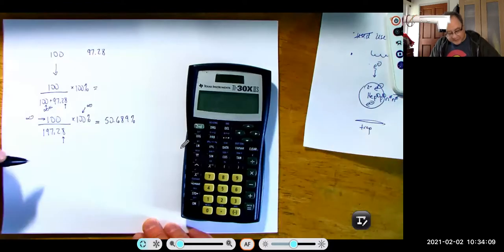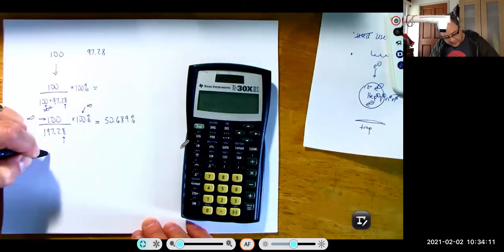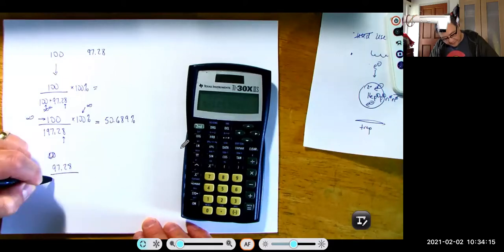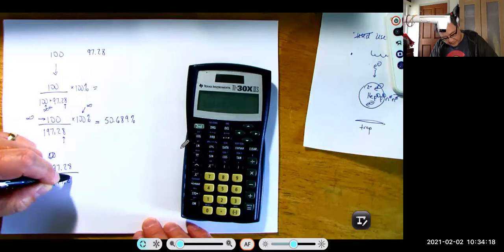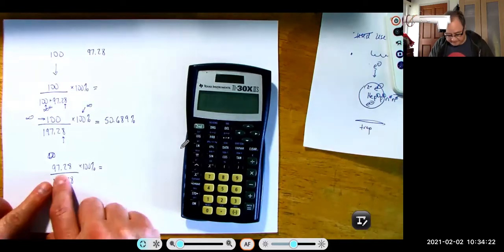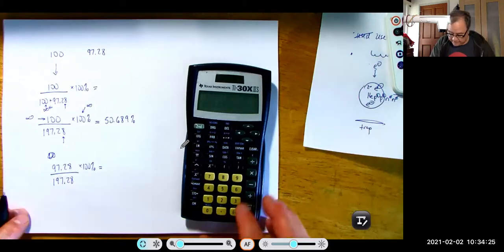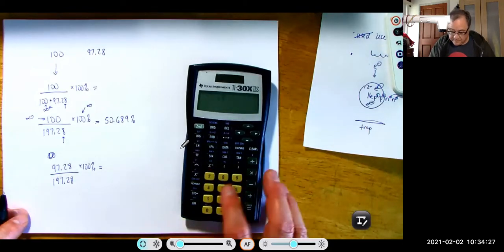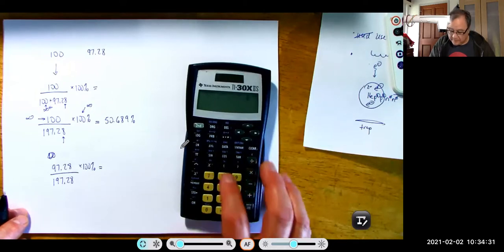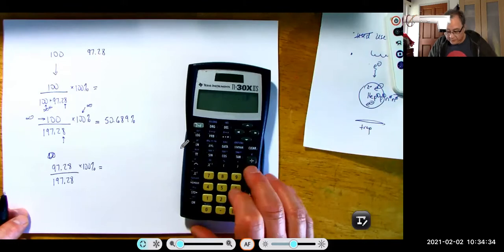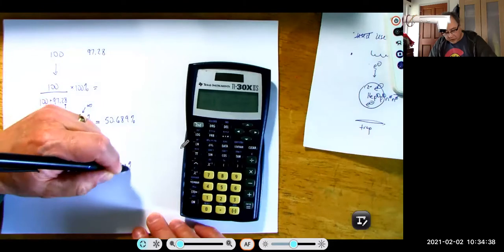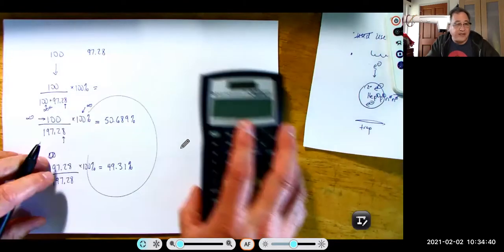And if we do it for the 97.28, here we would only get 4 significant figures. We get 49.31%.